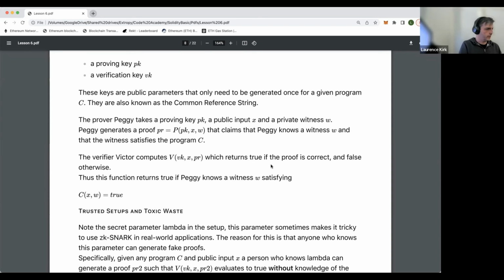In our square root example, this is the root of the number, the 5. The prover can take these pieces, the proving key, the public input (there may be many inputs), and the private witness value, and from that she can generate a proof. This proof is intended to show that Peggy knows a witness value that satisfies this algorithm.